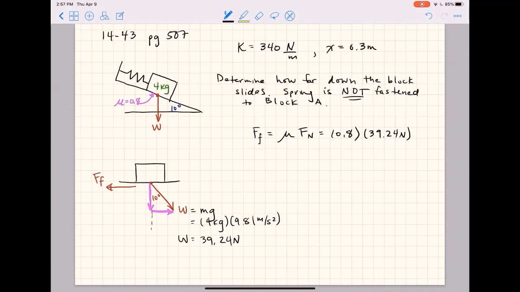No, so if it's the vertical component, then clearly that must be cosine 10 degrees. Okay, so 0.8 times 39.24 times cosine 10 degrees gives us that component right there, right? All right, so you solve for that, we get 30.9 newtons.